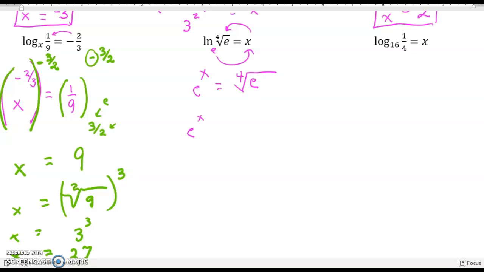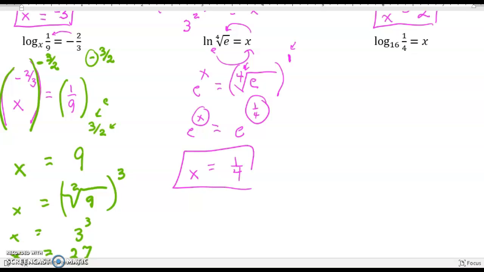So e to the x equals, I'm going to take this out of radical form. I put my exponent over my root, so that would be e to the 1/4. When my bases are equal, my powers are equal, so x is equal to 1/4. And done.